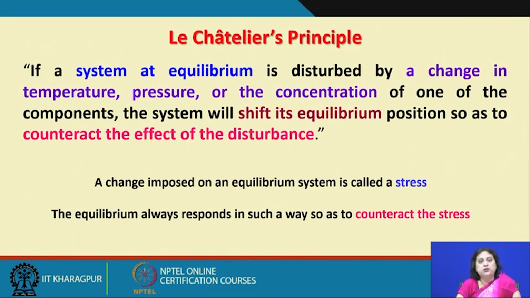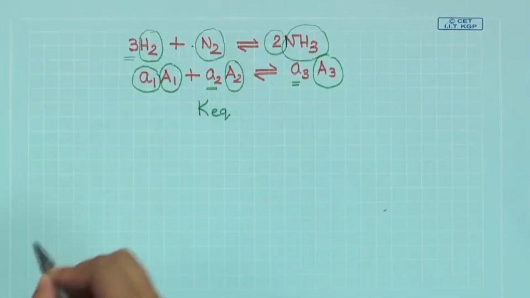So, in this particular lecture, what we will be interested in is if I change the equilibrium temperature, then what will be the effect on K equilibrium? I said K equilibrium is a function of temperature.